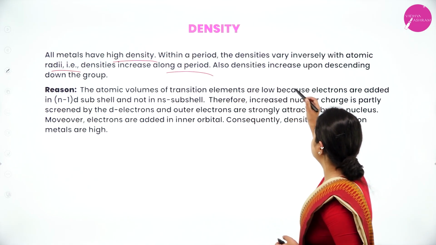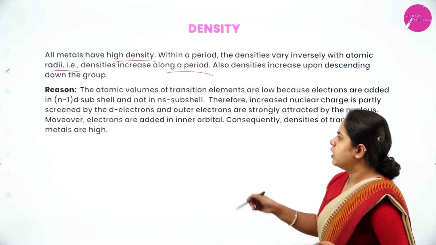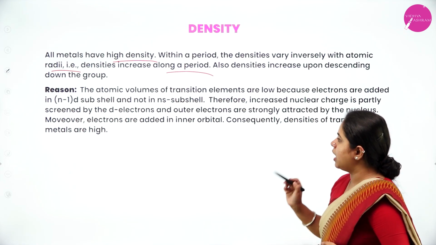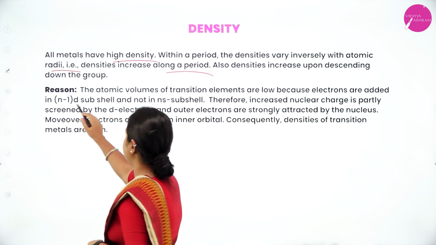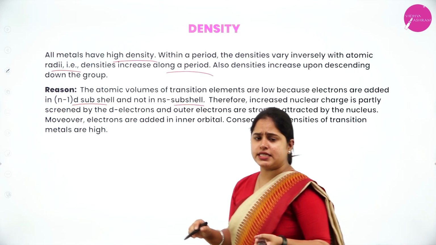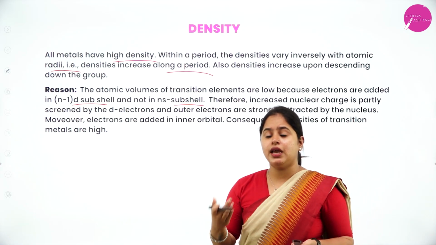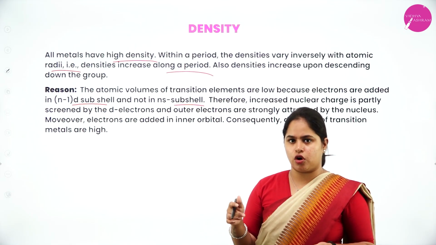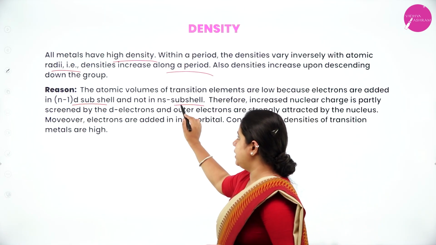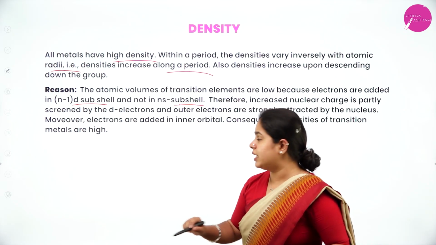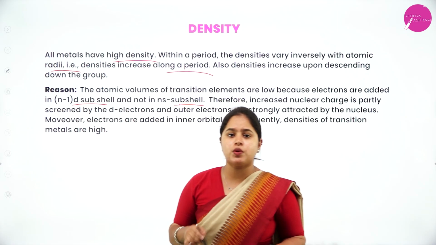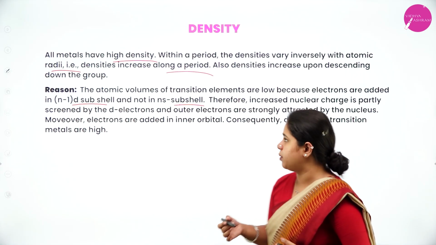Also, densities increase upon descending down the group. The atomic volumes of transition elements are low because electrons are added in the n-1 d subshell and not the ns subshell. The electrons are being added in the inner shell, not the outer shell. The outermost shell is the ns subshell, but the electrons are added in the inner d subshell, the n-1 d subshell. That is why the density is becoming more.